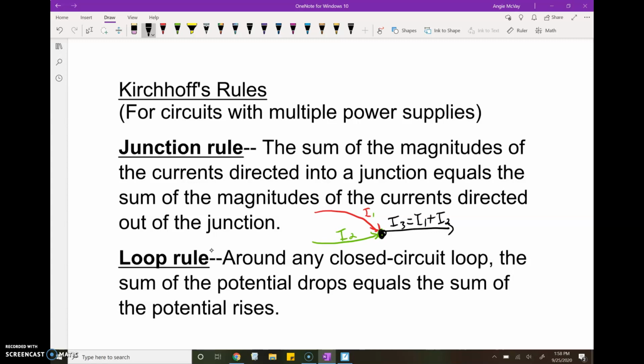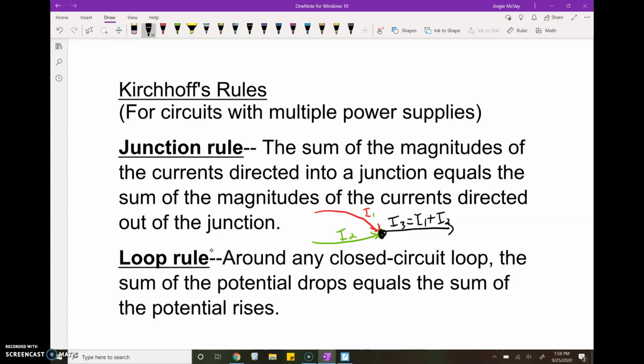The second rule is called the loop rule, and that one's a little bit more conceptually complicated, and it says around any closed circuit loop, the sum of the potential drops equals the sum of the potential rises. Remember, we said that power supplies typically provide potential rises, potential gains.